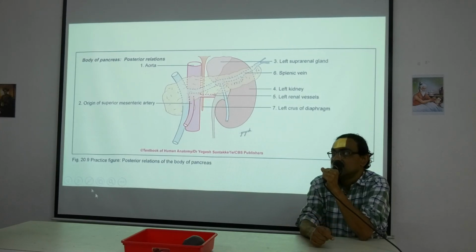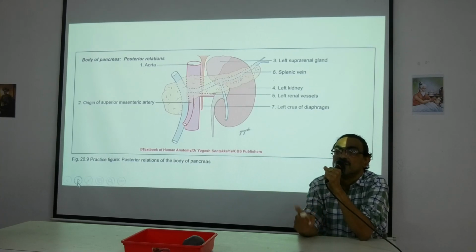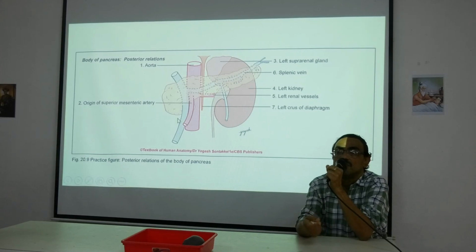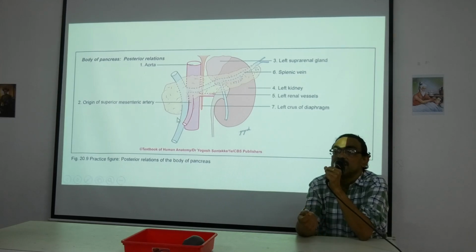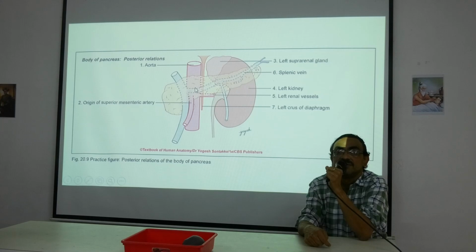Okay. So, we know what is the level of the superior mesenteric artery? L1, lumbar. It is coming from the abdominal aorta.